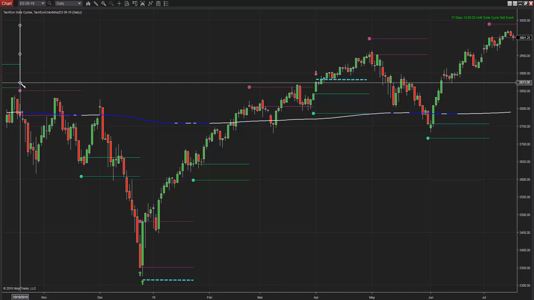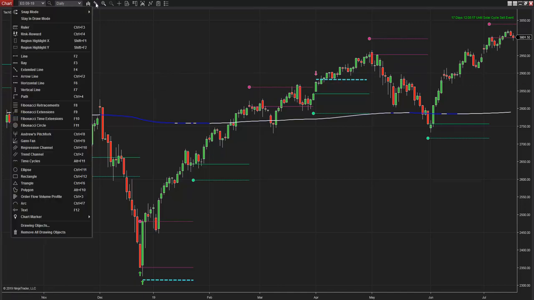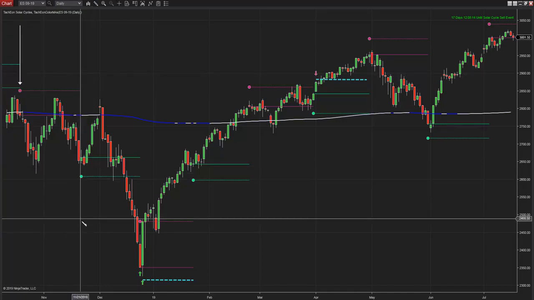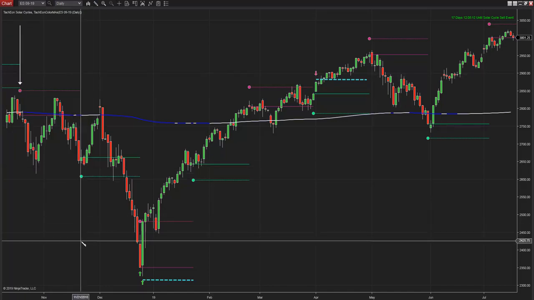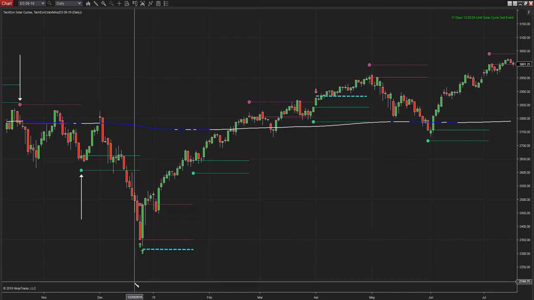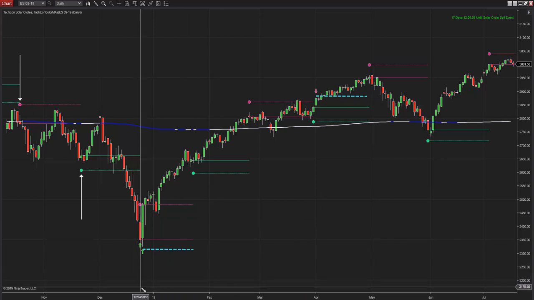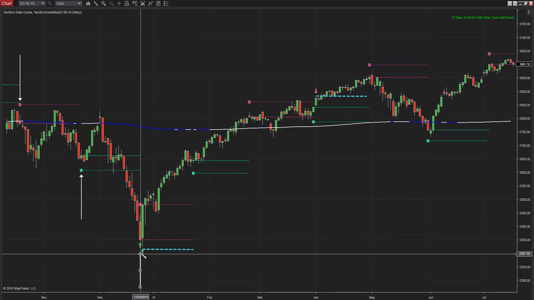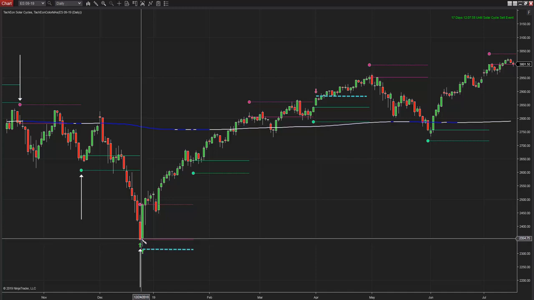We have one at October 19th. We'll enable my arrow here to draw. We had another split polarity reversal at November 21st. Then we had a pattern 4, a lower low inverted polarity selling pressure signal, which went the other way as expected.